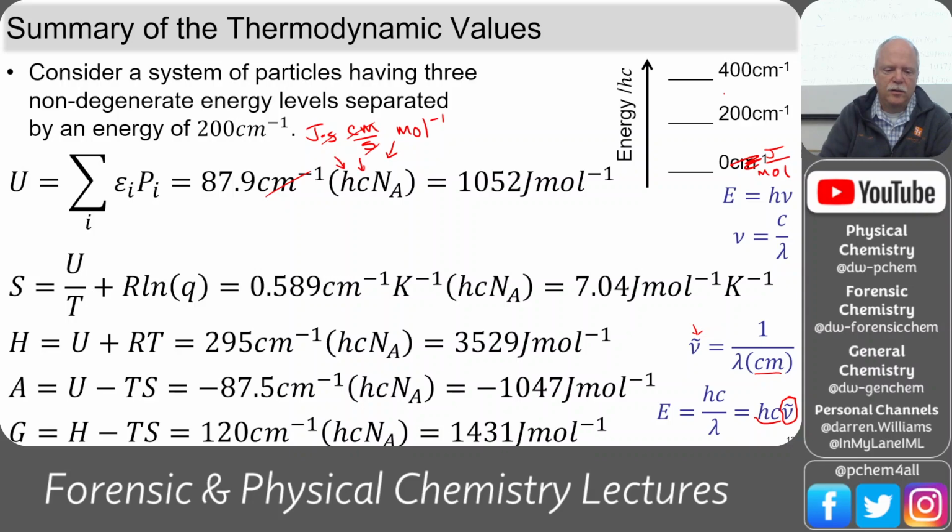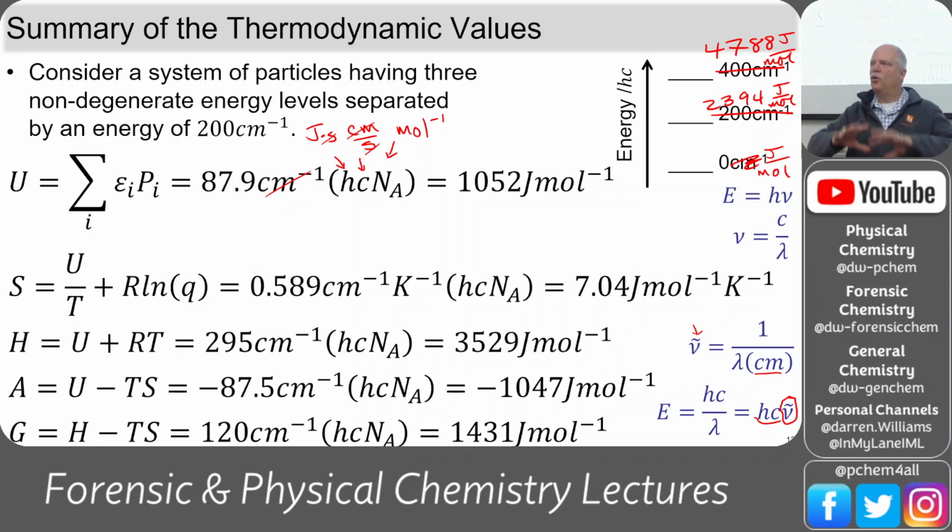So that's about 2,394 joules per mole. And twice that times 4,788. So that would be our energy level diagram in joules per mole.